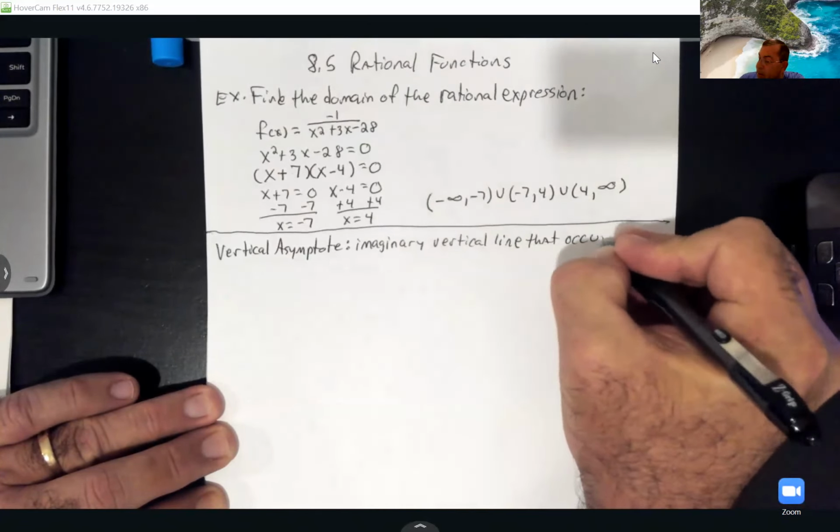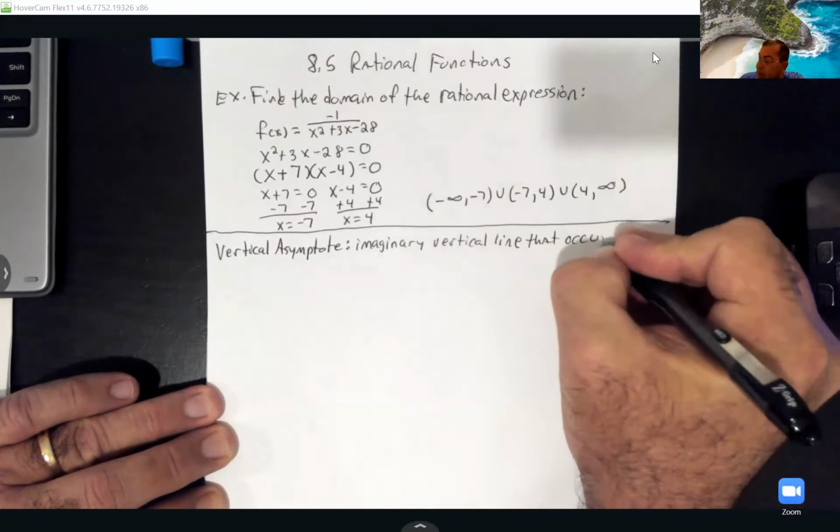So it's going to occur at these numbers that we're excluding from our domain, because those numbers made that function undefined.